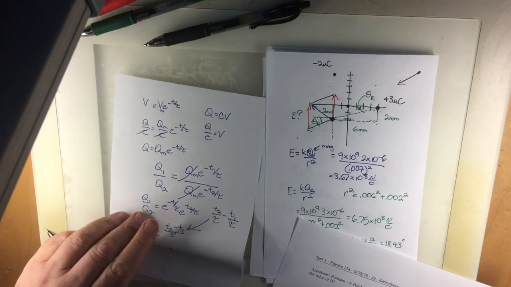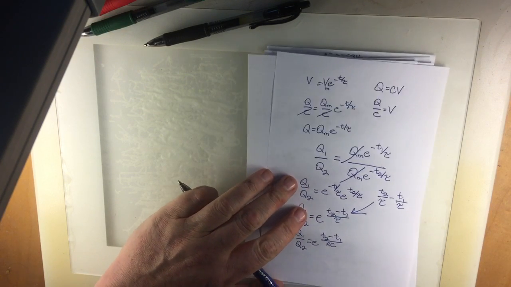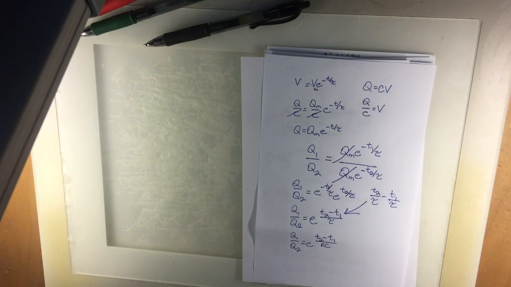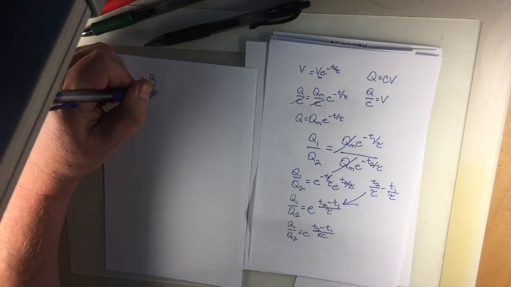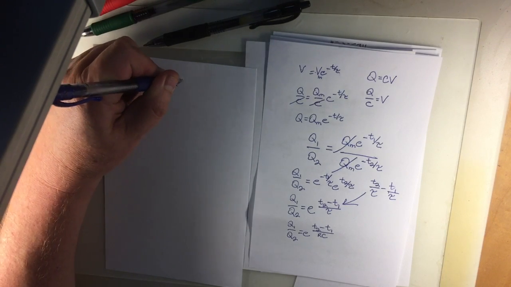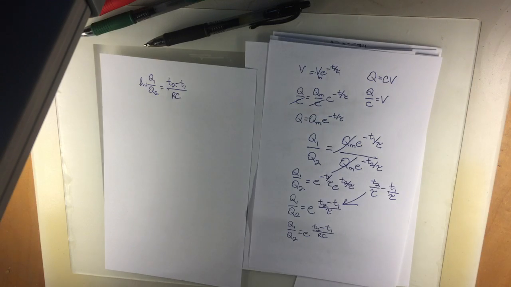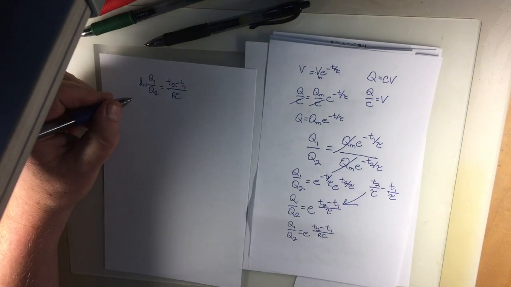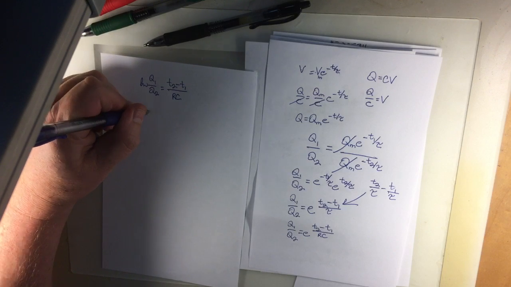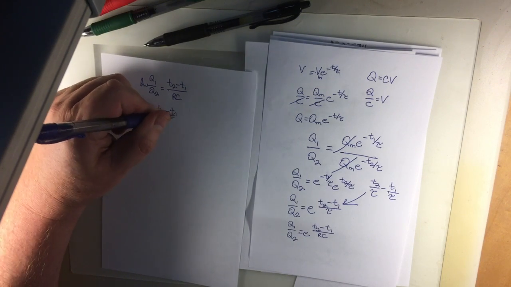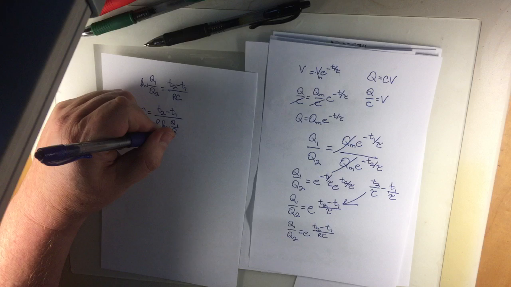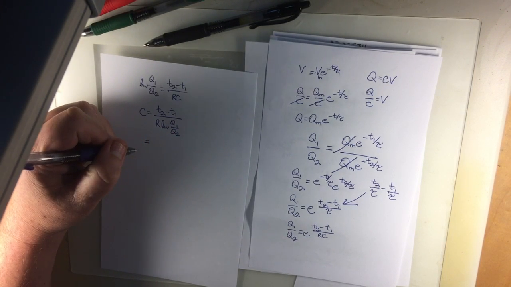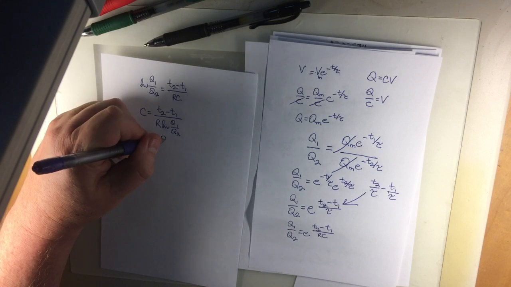The only unknown in this equation is the value of C. So let's go get it. Natural log of Q1 over Q2 is equal to T2 minus T1 over RC. I'm looking for C. So C is equal to T2 minus T1 over R natural log of Q1 over Q2. T2 is 20.